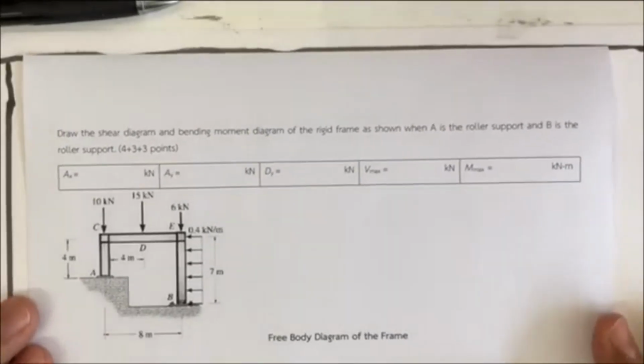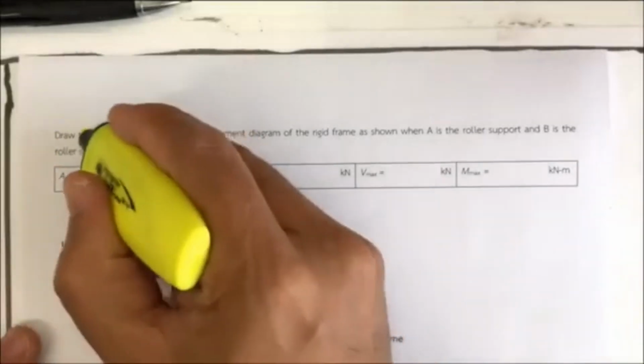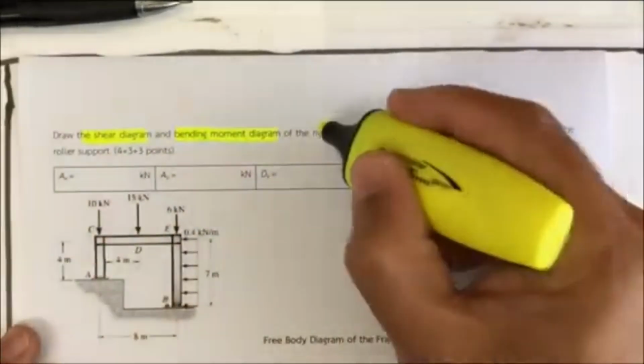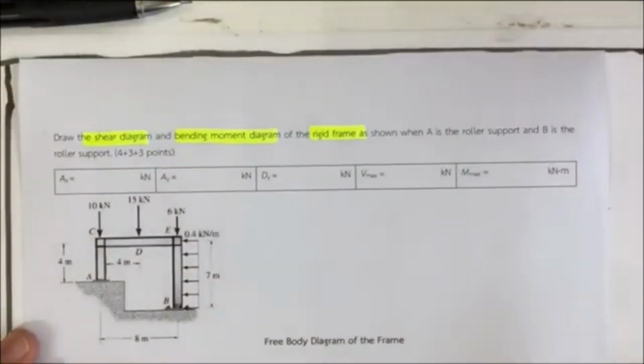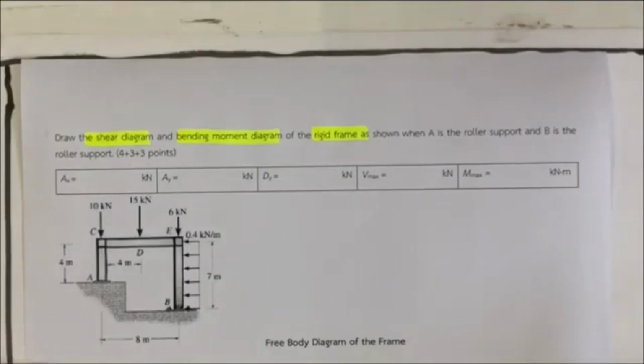This script is another script that is going to talk about the shear diagram and bending moment diagram of the rigid frame for the study of chapter 4, the analysis of statically determinate beams and frames.